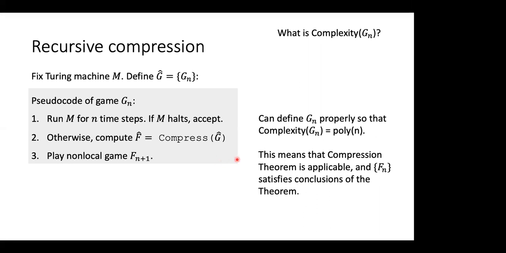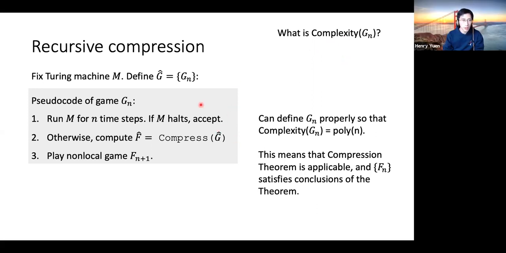Actually, we're on the slide that's relevant. We've just written down some description of a game, and we want to say that we know what it's doing. So maybe I'll say that in a little more detail. When we define this game G sub n, we're going to force it to automatically time out after some polynomial number of steps, regardless of whether it's finished doing what we want it to do.